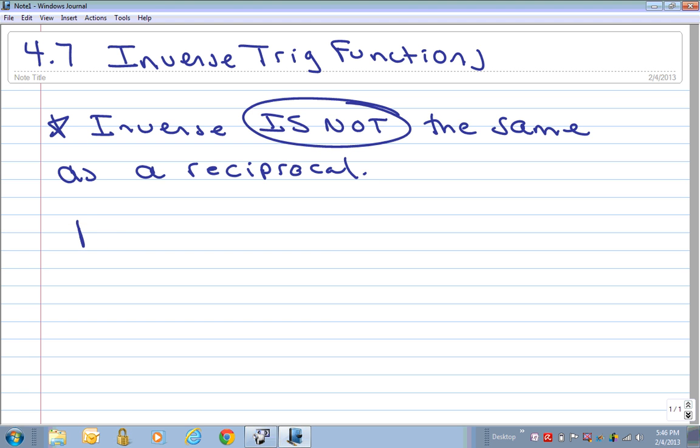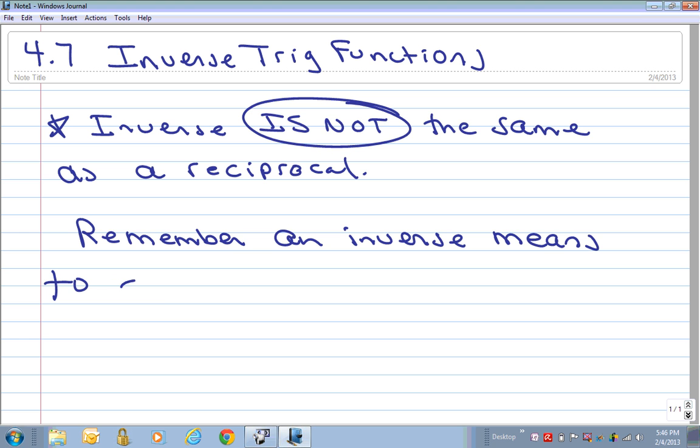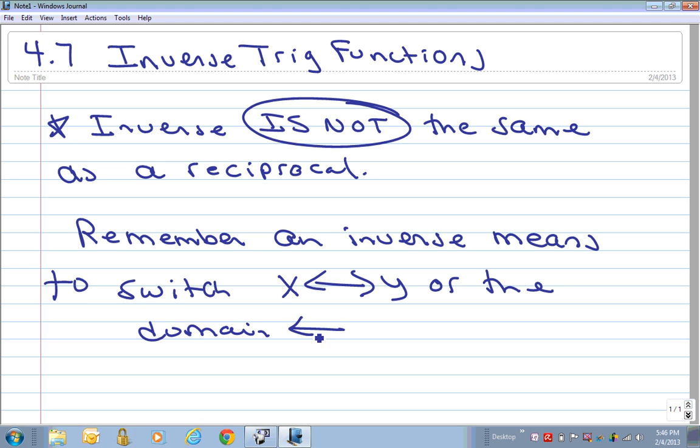Remember, an inverse means to switch the x and the y, or the domain with the range. All right, let's take a look.